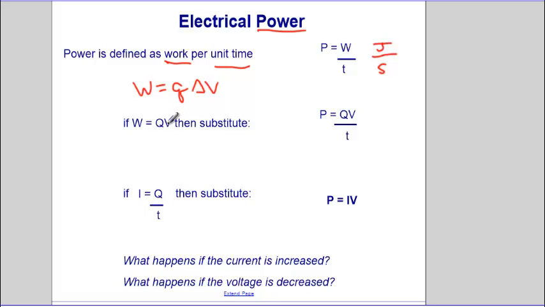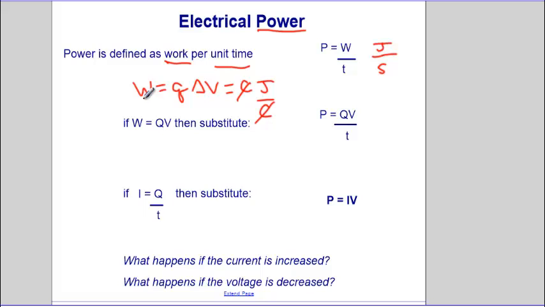So QV will do it. QV carries units of coulombs times joules per coulomb. Q is charge in coulombs, and potential difference is joules per coulomb, or voltage. So we end up with units of joules.